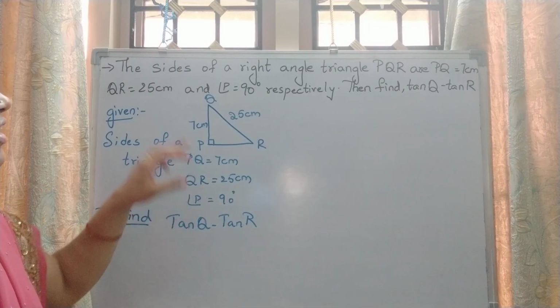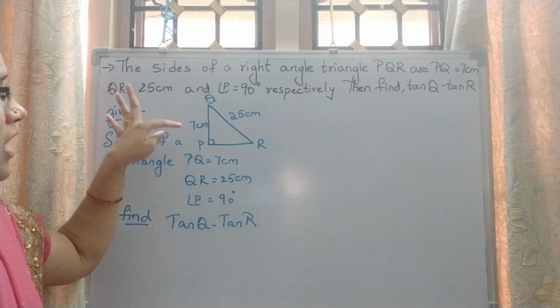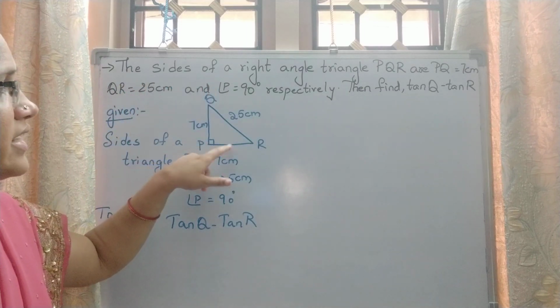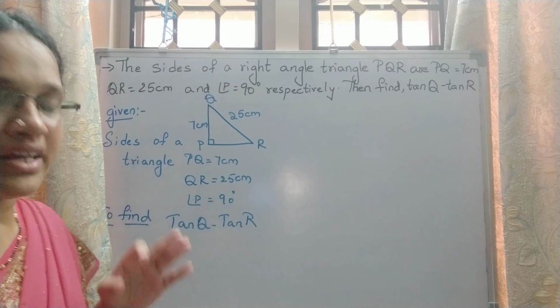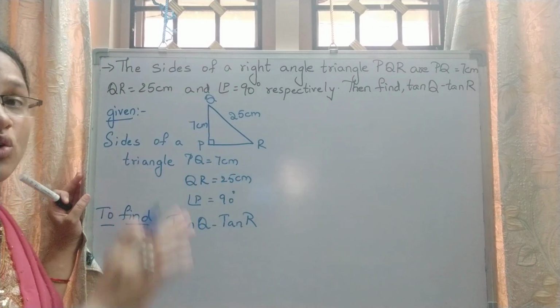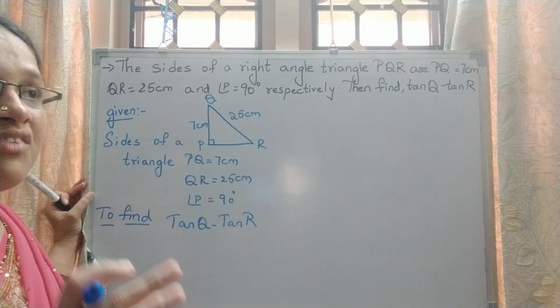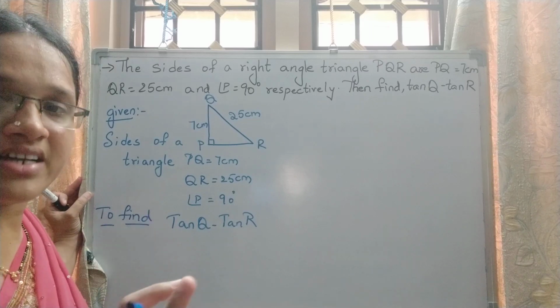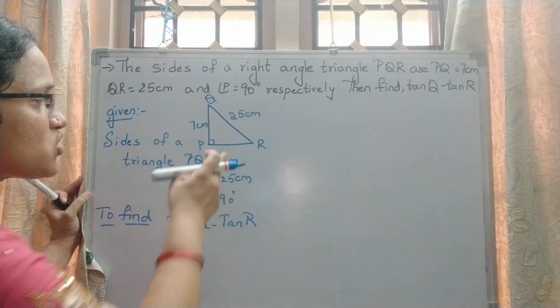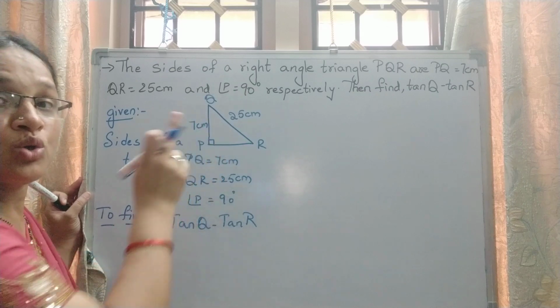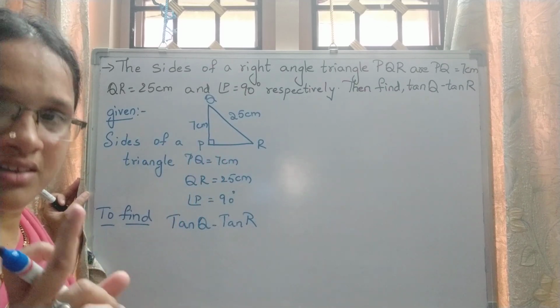First of all, when you look at this figure, there are only two sides given to us. The third side is unknown. Yes or no? Yes. When the third side is unknown, as I told you in the previous question also, if the triangle has all three sides, then you continue the question. But if it has an unknown, you should find it using the Pythagoras theorem.